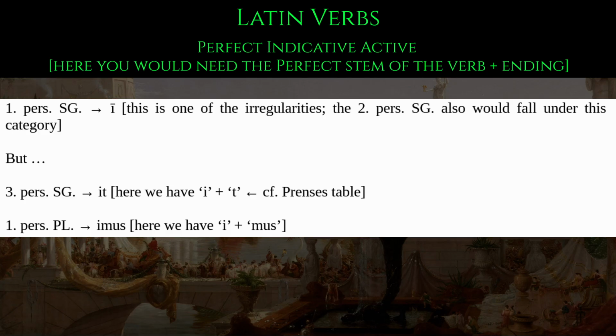But third person singular, it, here we have E plus T. And if you remember, the present tense singular third person ending is exactly T. So, you see, the present endings are pretty important, because also in first person plural we have imus. So we have again our indicator E plus the ending from the first person plural active mus. And that's it.